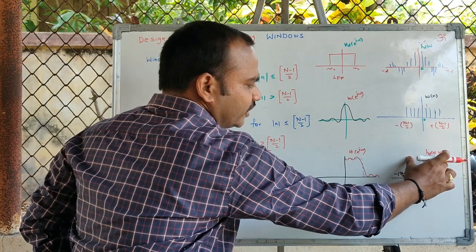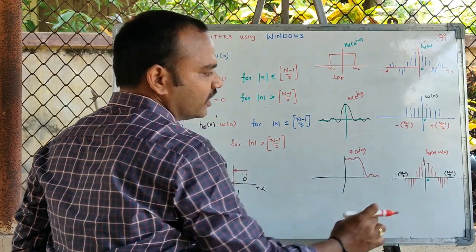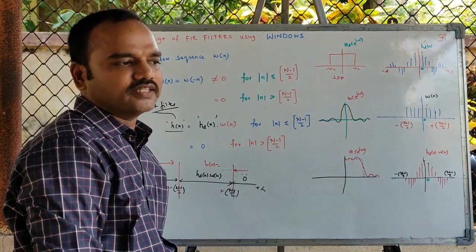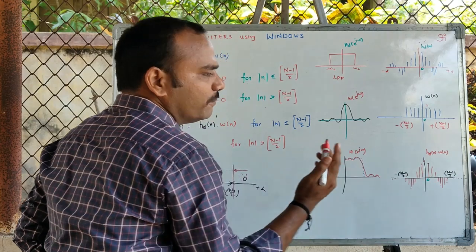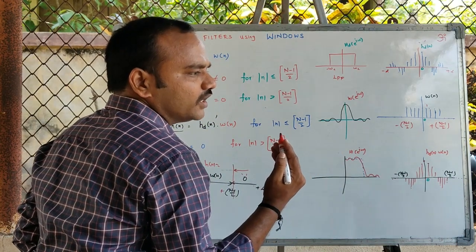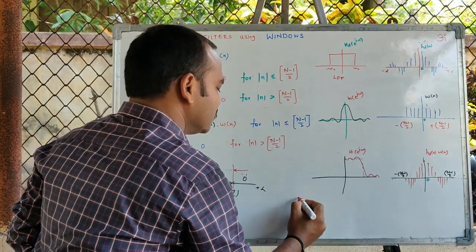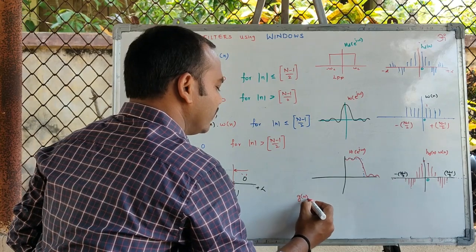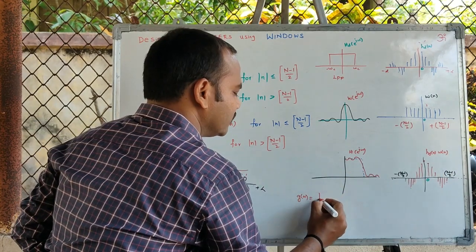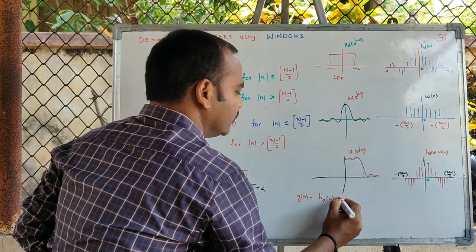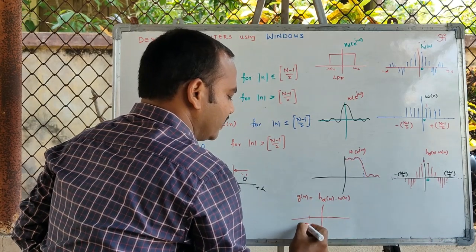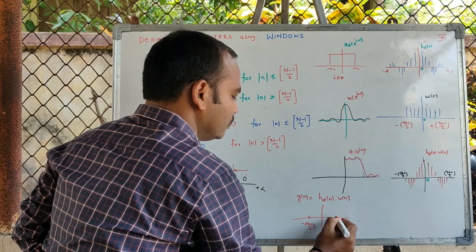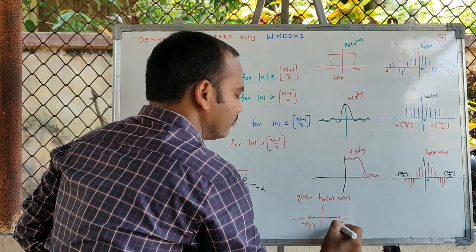Now this finite duration sequence cannot be practically realized. So you need to shift this sequence by (N minus 1)/2 samples. That is, if we define g[n] equal to hd[n] into w[n], it will be extending from minus (N minus 1)/2 to plus (N minus 1)/2.